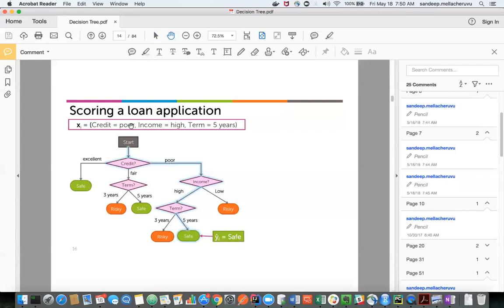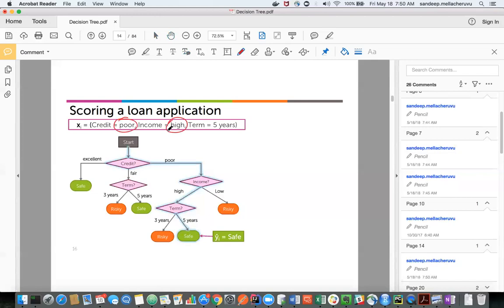But if credit history is poor, income is high, and loan term is 3 years, then there is some fraud in the application. So based on all these conditions, you have to find out.